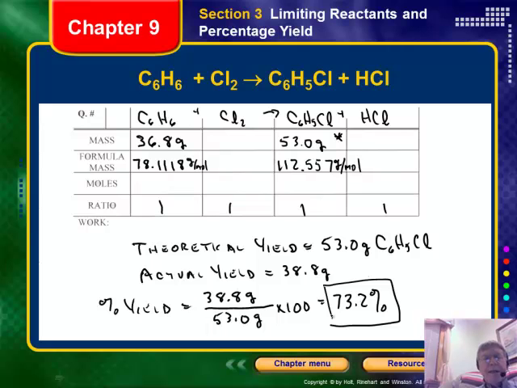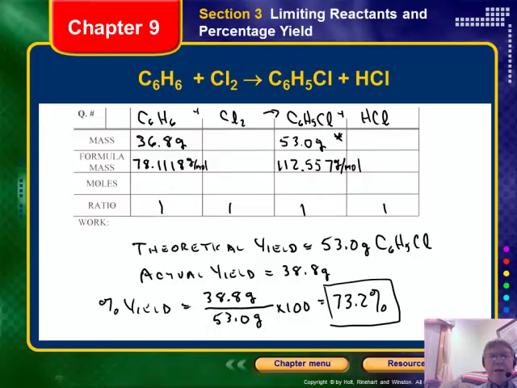So that's the process of finding the percentage yield. You use the chart to calculate the theoretical yield, and the actual yield is usually given to you in the problem. Just make sure that you do not put this 38.8 grams in up here where we have to calculate the theoretical. That will just cause you confusion.